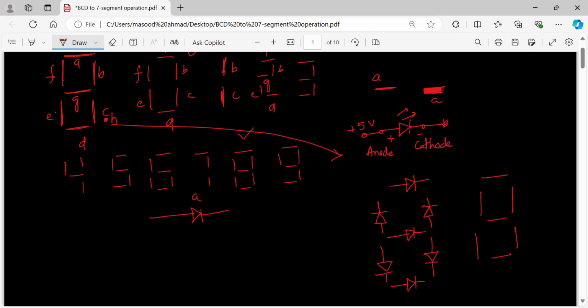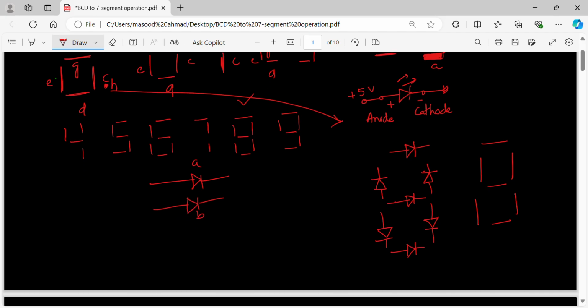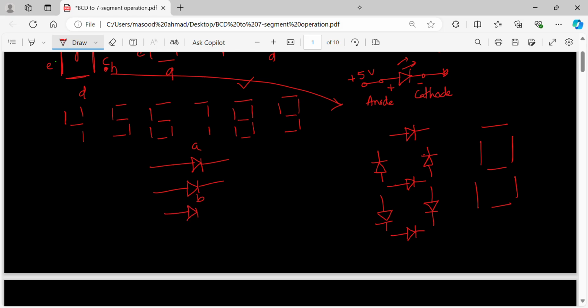Let's say this is A. Only for the sake of convenience I am drawing here. Let's say next is B, next is C, next is D, so they are like this, A B C D, further E, F, then G. What is going to happen inside is, either way is possible.